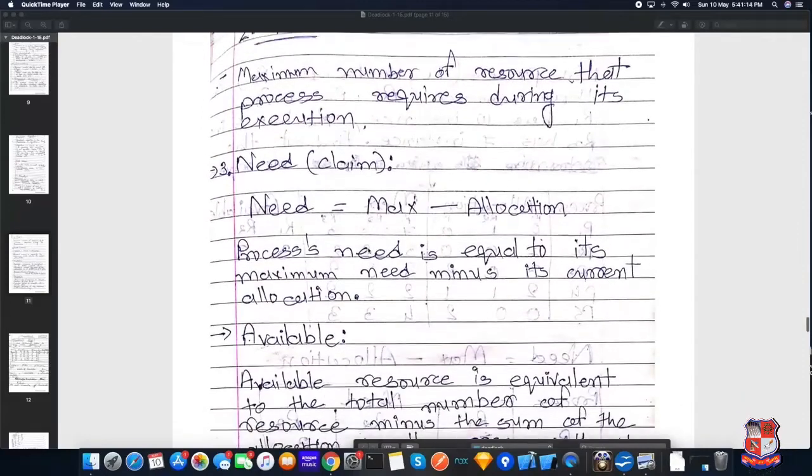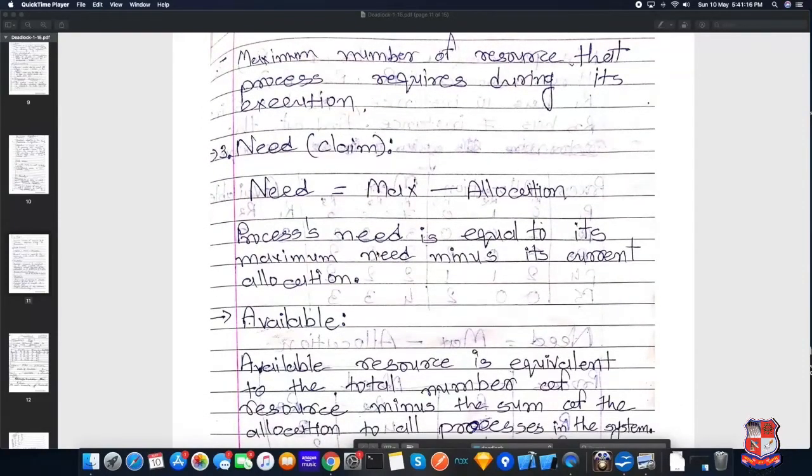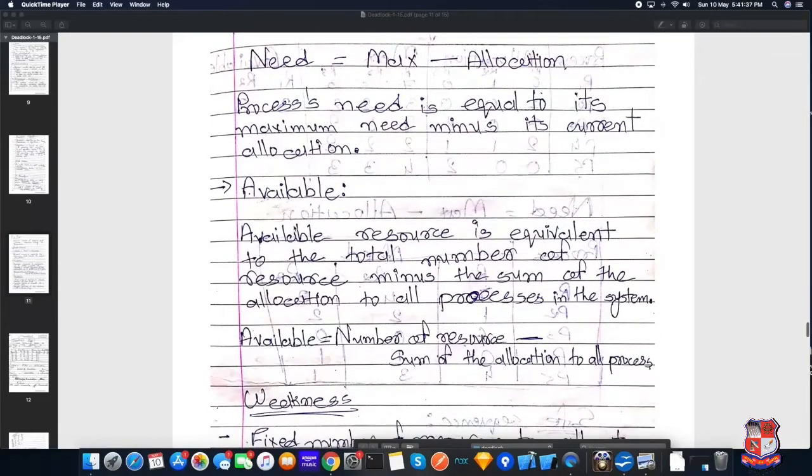The third concept is need. To find the need matrix of the processes and resources of the system, we apply this equation: need equals max minus allocation. The last one is available.